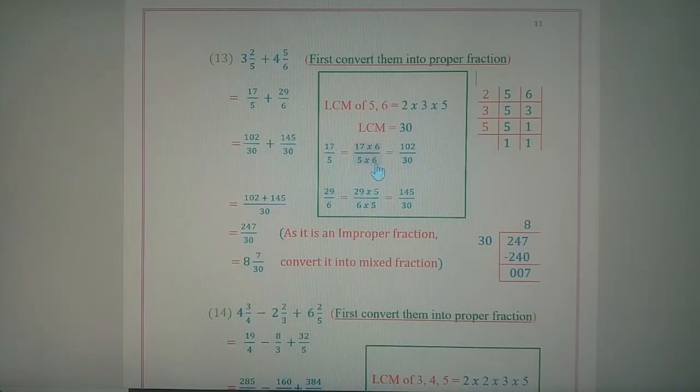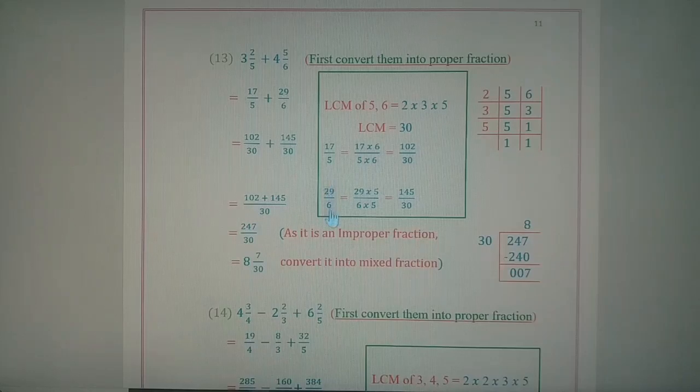When 5 is multiplied with 6, we get the denominator 30. So the same number 6 should also be multiplied with the numerator 17. 5 6s are 30, 17 6s are 102. So 102 upon 30 is the equivalent fraction of 17 upon 5.